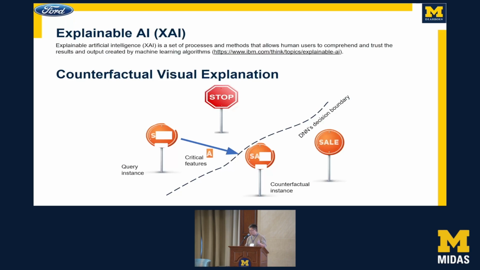When we push this sign to the boundary, we can find some critical feature which impacts your machine learning. In this example, the second letter, A. When the S and the A are both present, the machine learning thinks it's not a stop sign. But in winter the A could be covered by snow, and you don't know. That's big trouble.